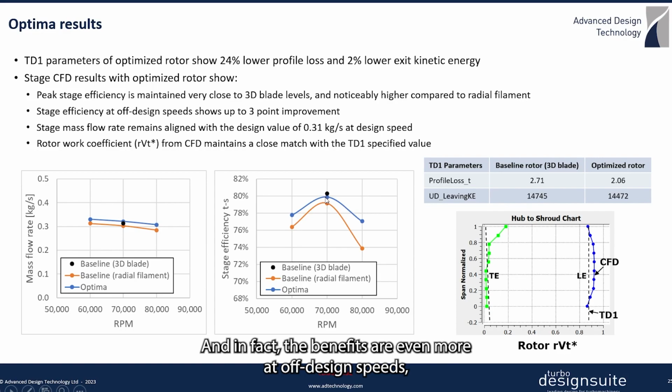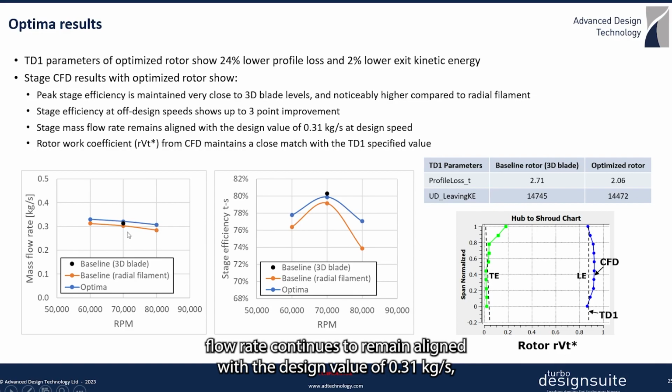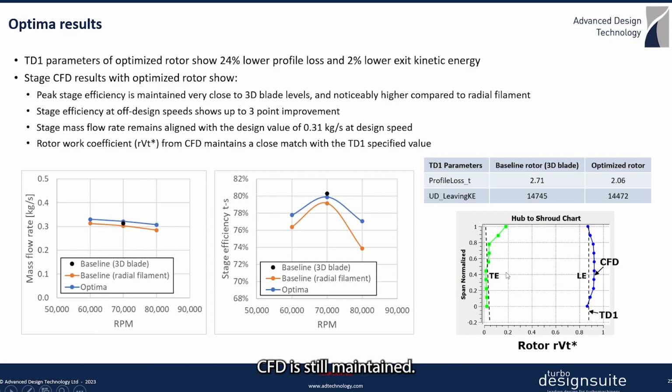And in fact, the benefits are even more at the off-design speeds and reach up to 3 points improvement at the higher speed. And of course, the mass flow rate continues to remain aligned with the design value of 0.31 kg per second, and the close match between the rotor work coefficients in TD1 and CFD is still maintained.